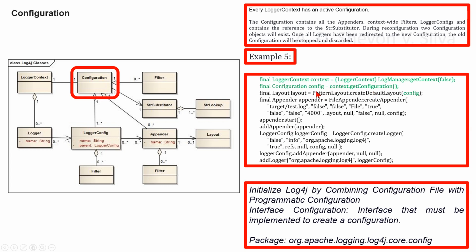Here the Configuration interface must be implemented to create a configuration, and is in package org.apache.logging.log4j.core.config. Here getConfiguration returns the current configuration.